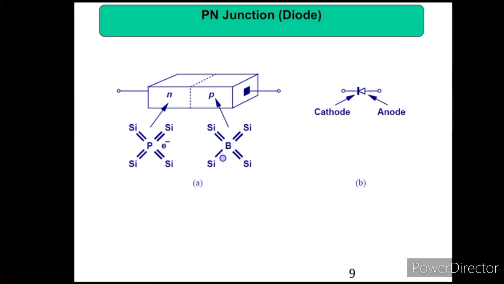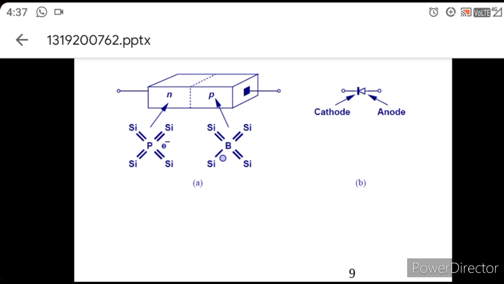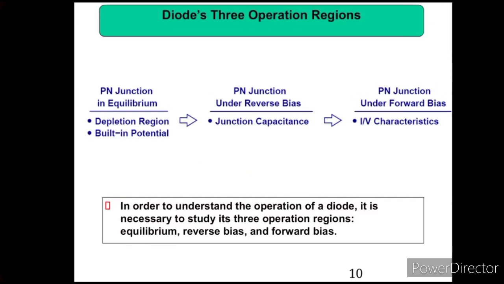These holes can absorb other electrons into the covalent bond. In picture B we see the symbol of the p-n junction diode, where the cathode terminal and anode terminal are the 2 terminals of the diode.